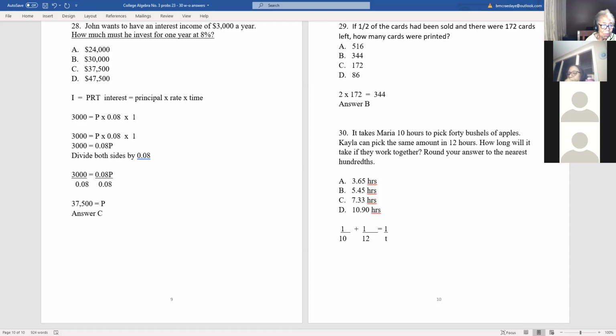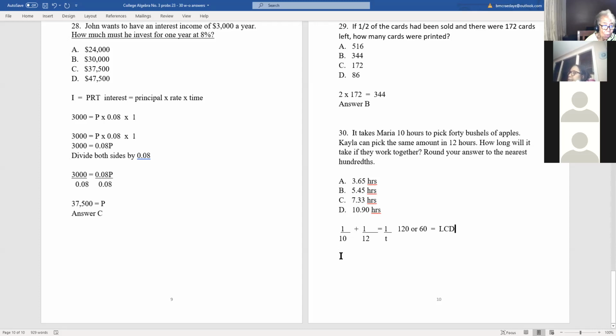Well, that's one, but what's one smaller? 120 would work, I'm telling you, but I want you to get a smaller one. 60. Yeah, that's right. 60 equals the LCD, the least common denominator.